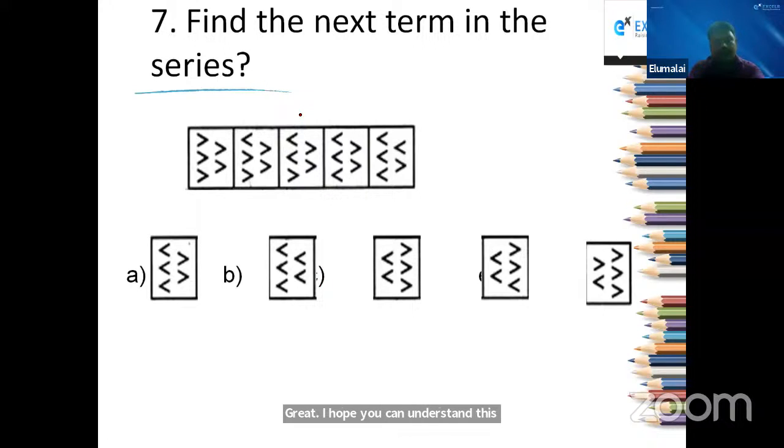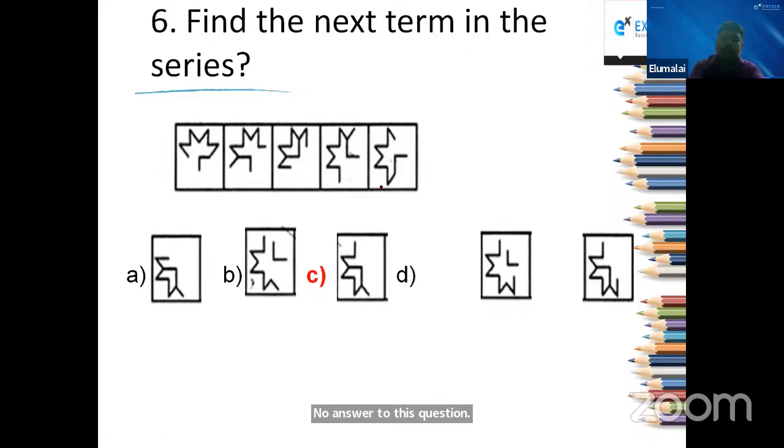Now answer this question. See, how can you say B is the correct answer? If you take this one, right? This L is here, right?